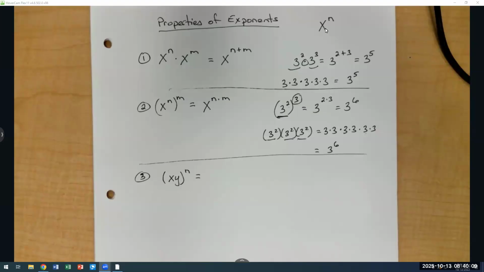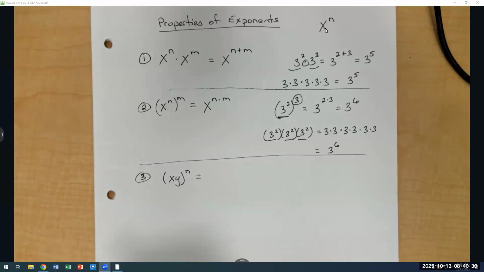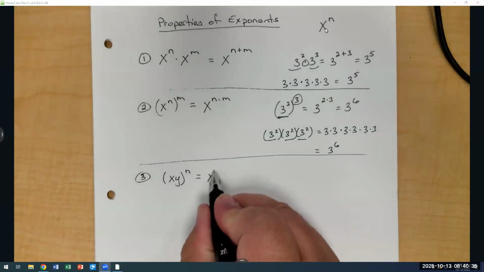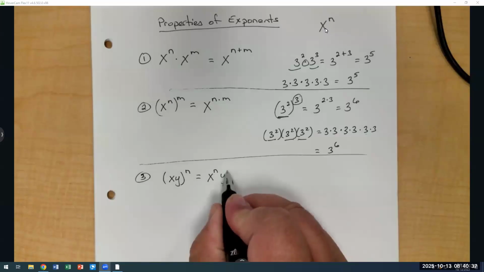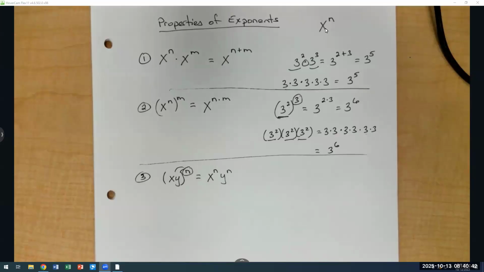Remember, the first day of school, we talked about all sorts of properties: the associative, the distributive, the commutative, all these other properties. These all apply here. They'll always, always, always apply. Whenever you have a product, numbers that are multiplied together, or letters and numbers like 5x, raised to a power, that means the exponent distributes to everybody inside there.